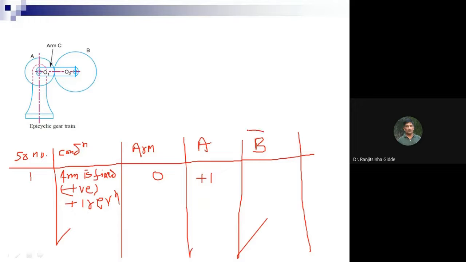Now, how to find out speed of gear B? For that, we need to write speed ratio or the train value. So first we will write this B and A in terms of the speed. So I will write NB upon NA.